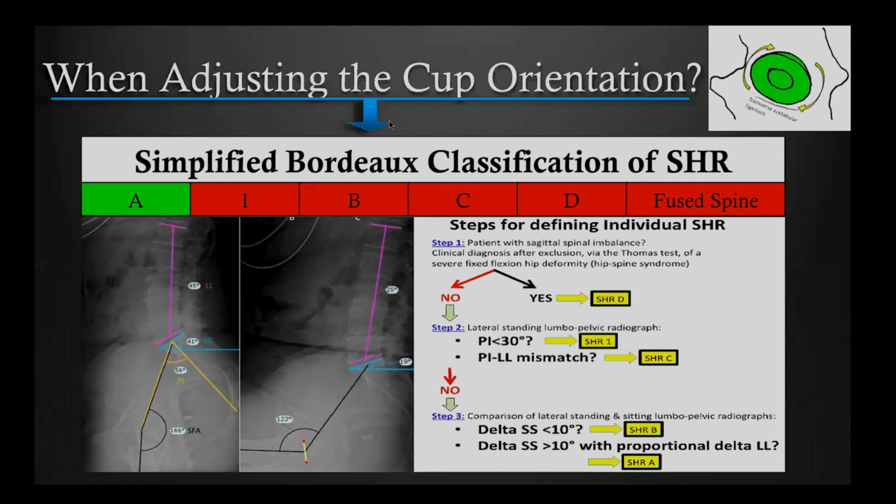If the patient has none of this, then you look at the sitting X-ray. If the delta sacral slope is inferior to 10 degrees between standing and sitting, then it is a spine aberration type B. And if there is more than 10 degrees, and you can tell that the delta sacral slope is almost equal to the delta lumbar lordosis, it means your patient is sagittally balanced with a flexible lumbar spine, so it is a spine aberration type A. This is relatively simple, and it takes 30 seconds to do.